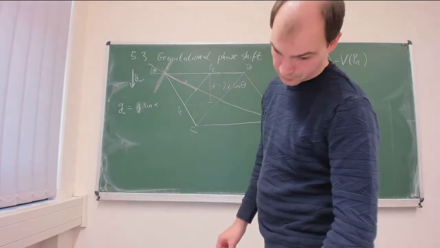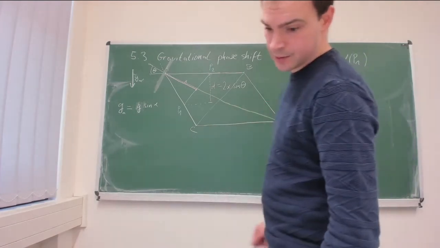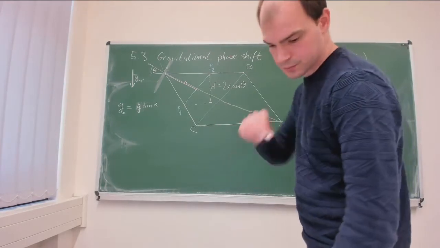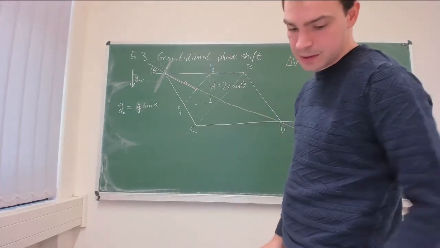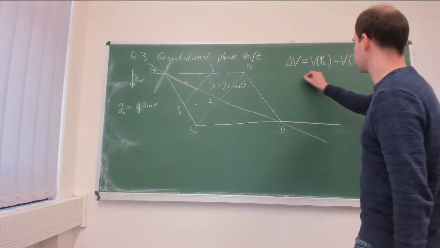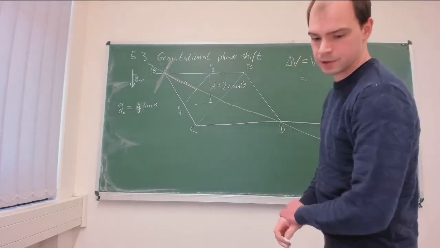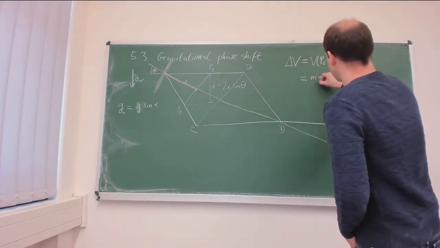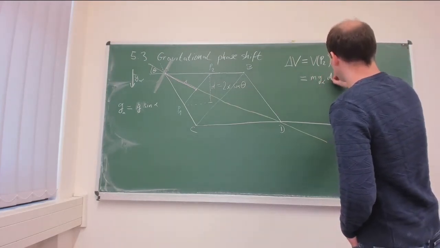Now, what we need to also take into account. So first, this potential, I wasn't finished here. This potential is m times g alpha times d.